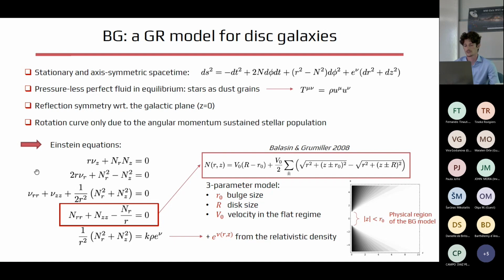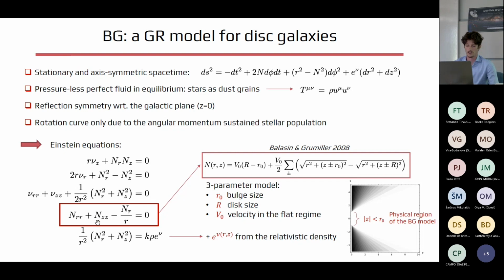Then, by solving the corresponding Einstein equations, Balasin and Grumiller proposed a 3-parameter model for the metric function N, with r0 the size of the bulge, R the size of the disk, and V0 the velocity in the flat regime.